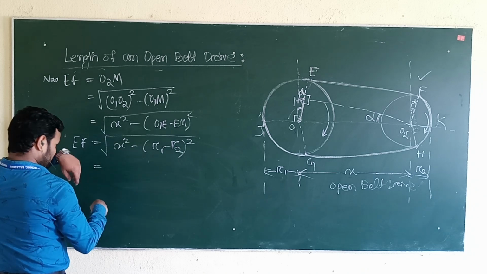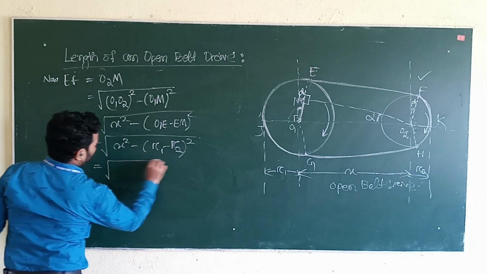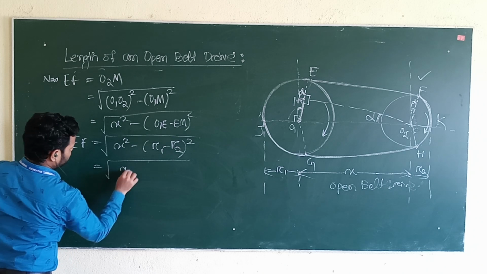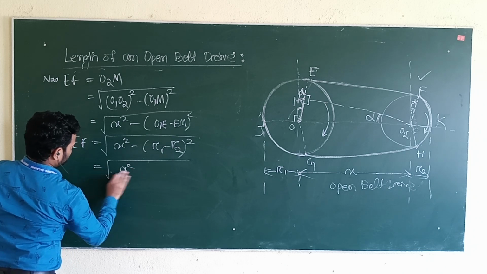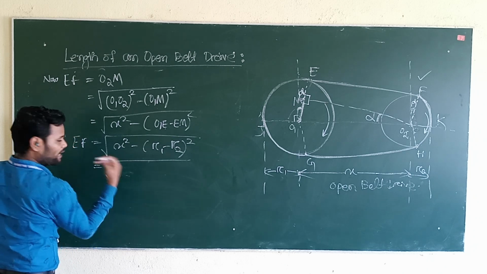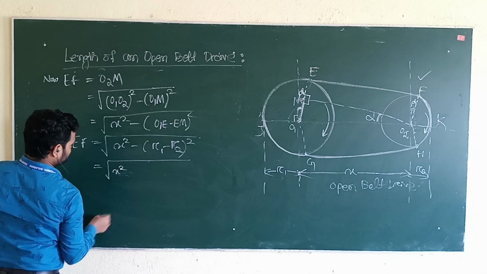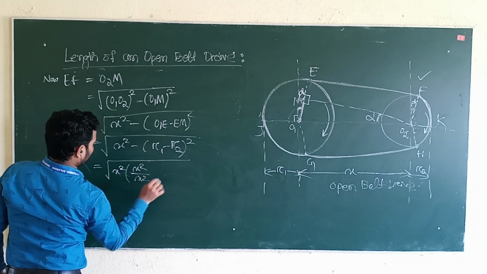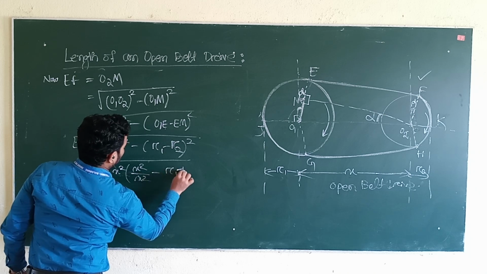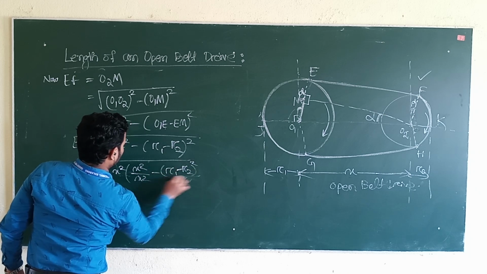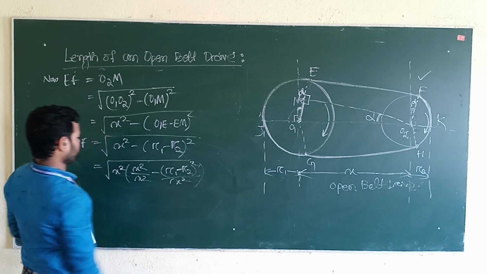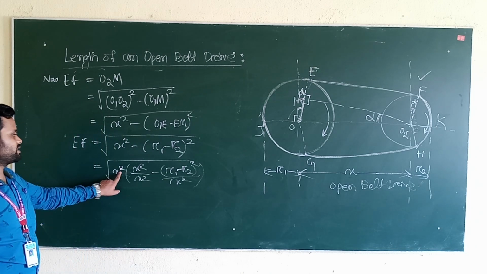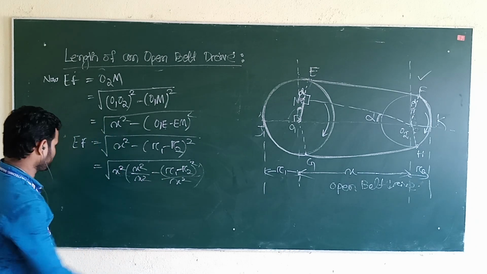That means we multiply and divide by X square, so there will be no effect.